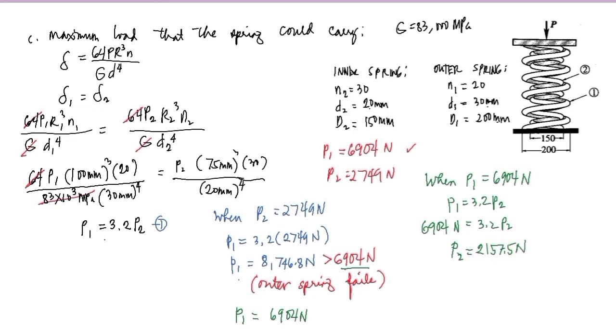This 2,157.5 Newton is less than the P2 computed, which is 2,749 Newton. We have to take this 2,157 Newton since this is safe.